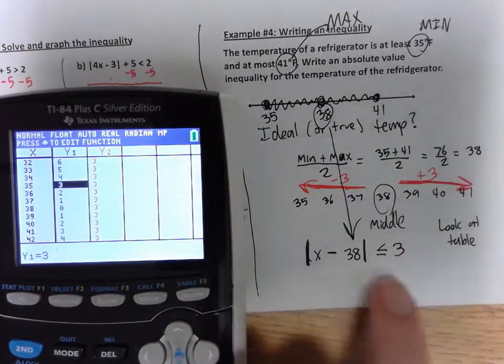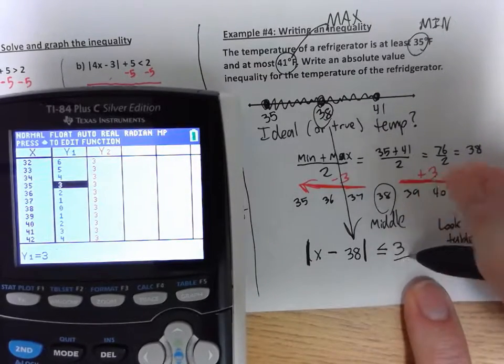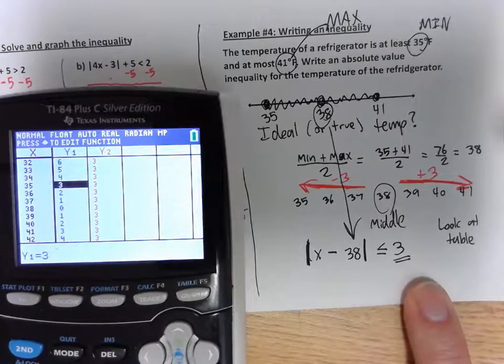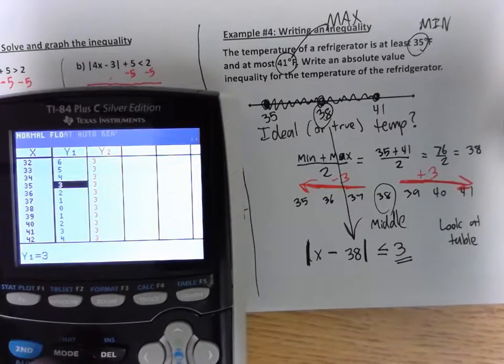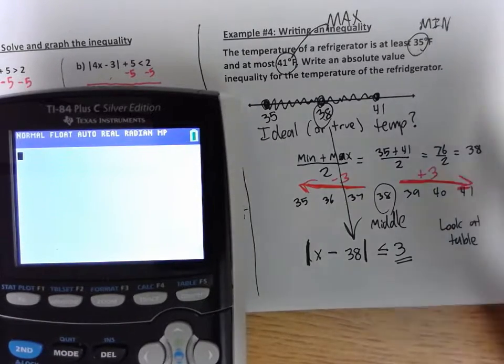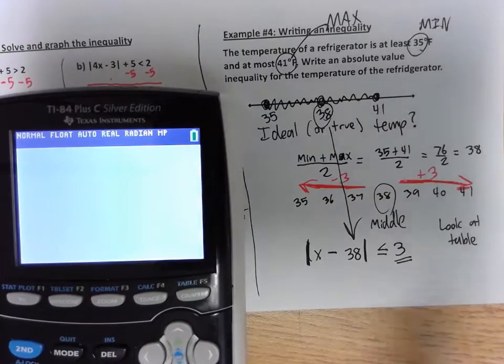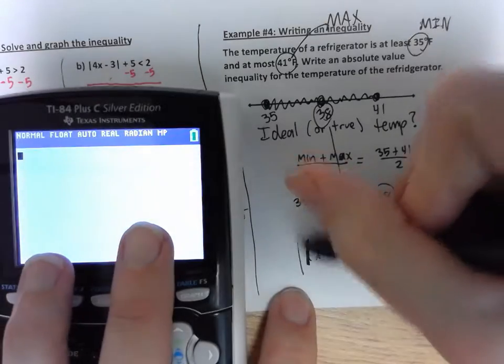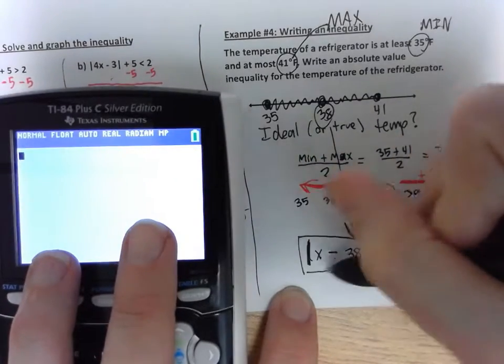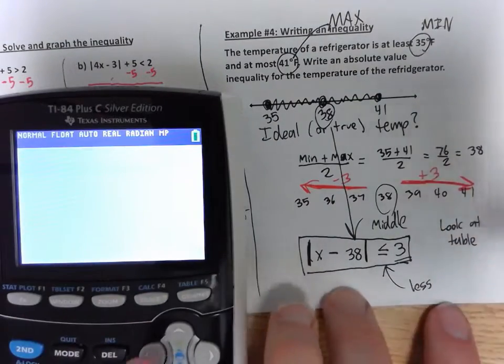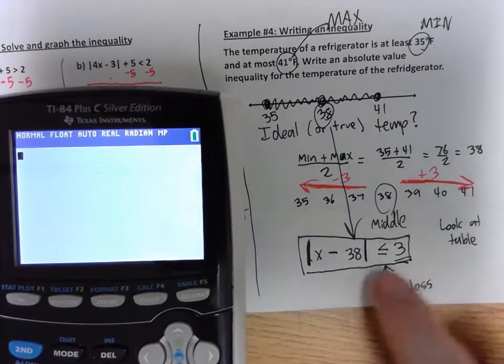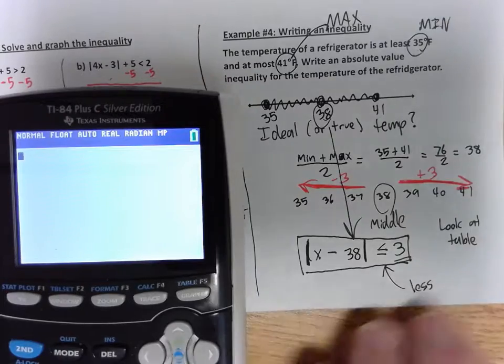This number is called the extreme value. You can go either above or below it, but this is going to be your answer. It's always going to be less than or equal to that number. It's never going to be more.